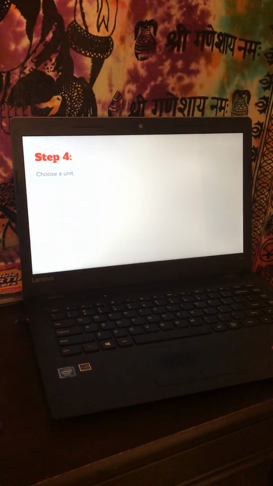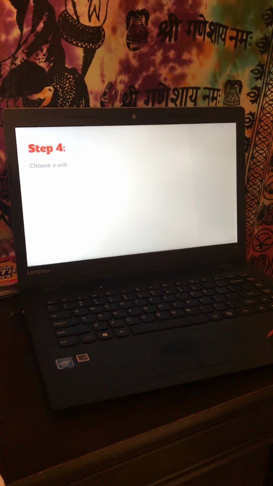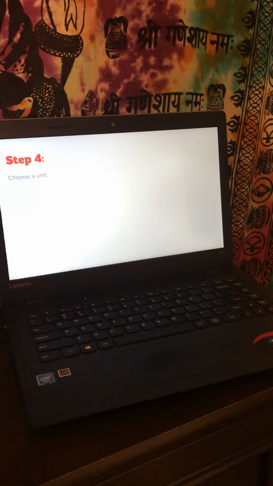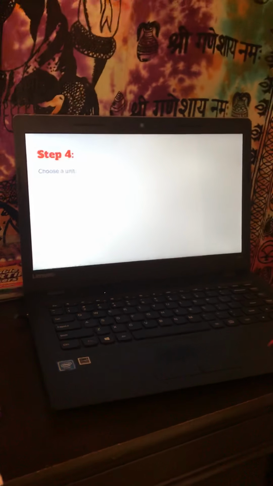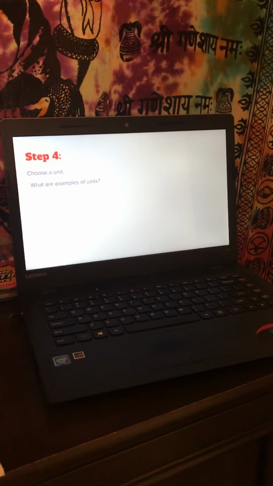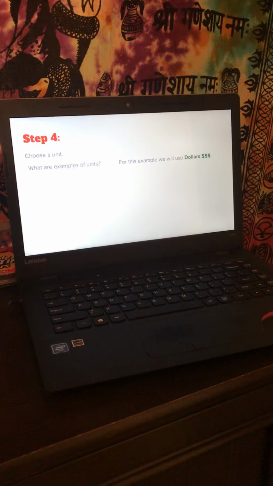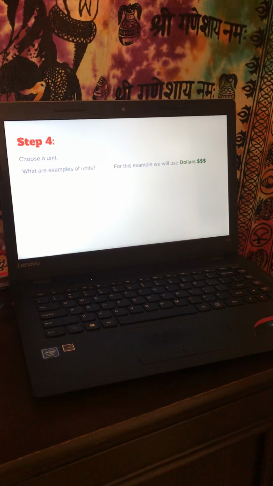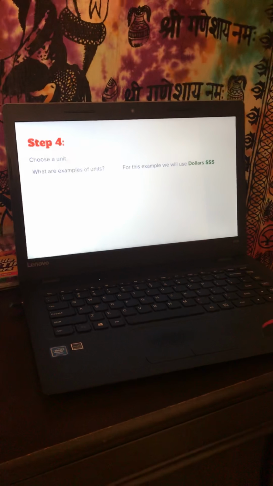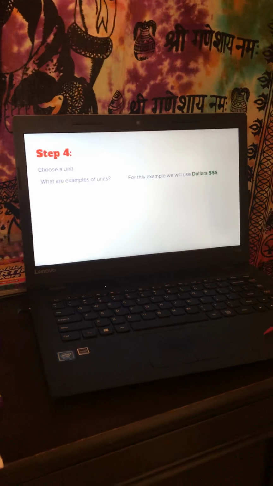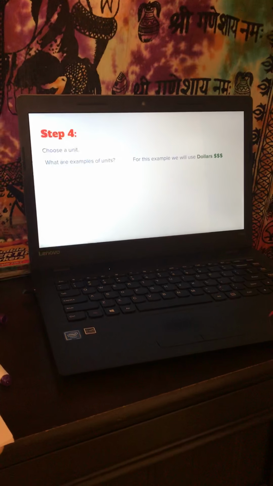Some other examples that would work for this specific problem would be people in a grade, or yards in a race, even plants in a garden. So for this problem, I chose dollars because I think that works well, and it can really let us see what we're working with.